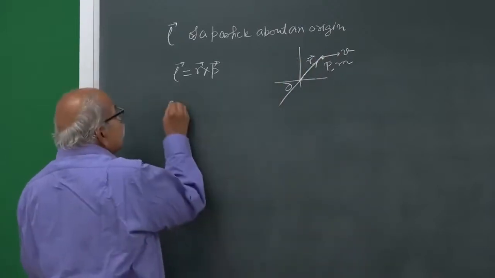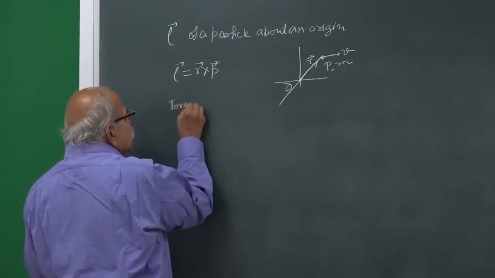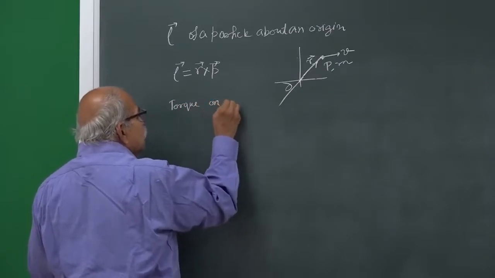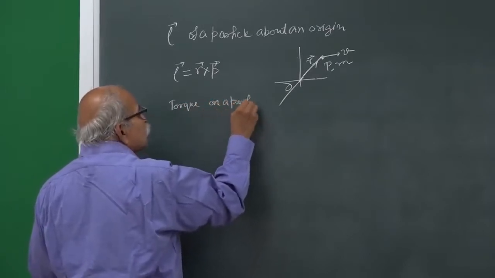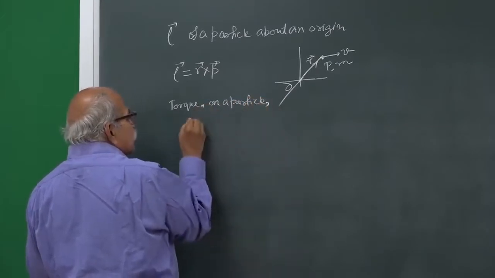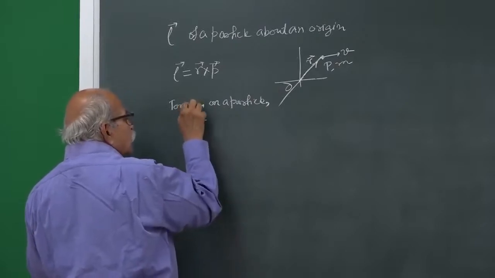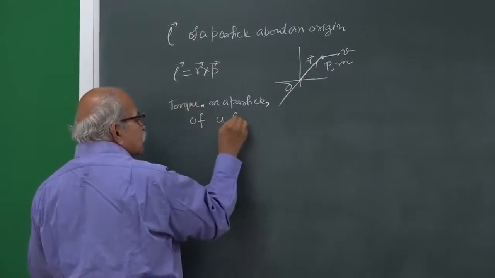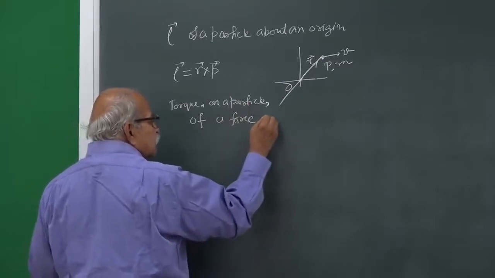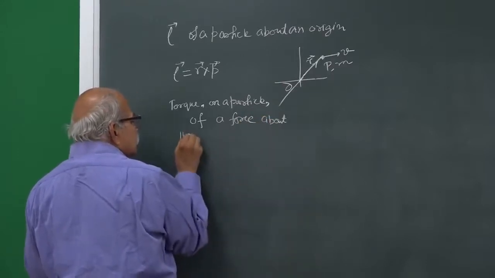And then similarly we define torque. This also on a particle. These adjectives are important. We call it torque of a force, and force is acting on some particle, and once again about the origin.